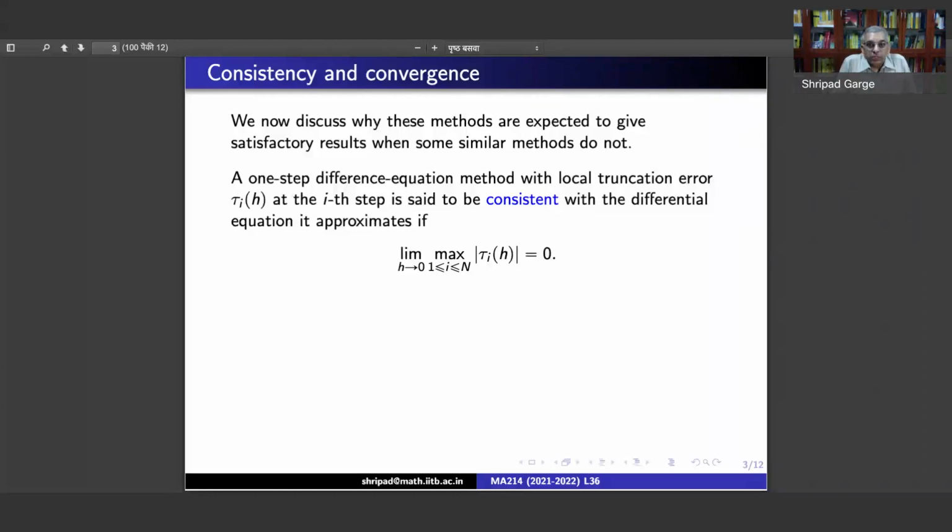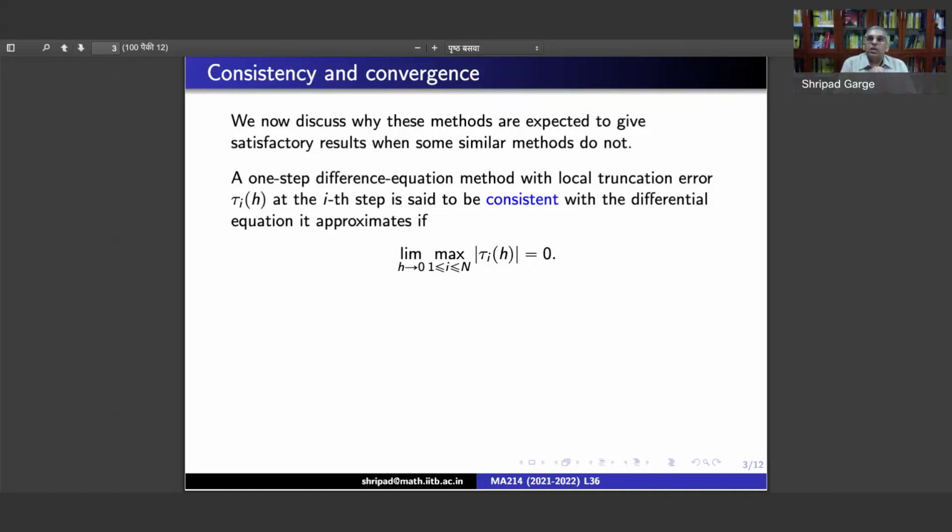So this is what we do. Typically h is chosen as (b minus a) upon capital N. So once you choose a capital N, you are going to look at all the local truncation errors for that particular step size h. And that will typically be in terms of h. And what we would then want to see is whether these local truncation errors go to 0 as h goes to 0.